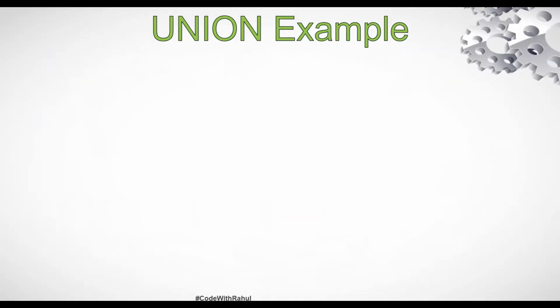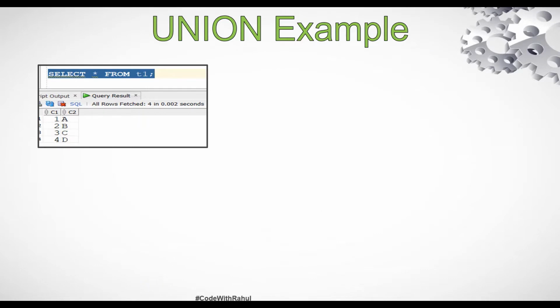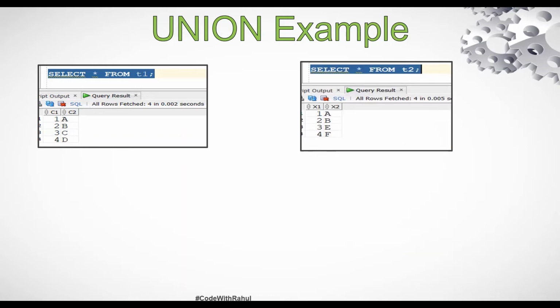Now let's have a look at the union example. Let's suppose we have one table T1. It has four rows A, B, C, D, with values in the C2 column. And we have a second table T2, with four rows as well: A, B, E, F. You can see that A, B are the common rows.